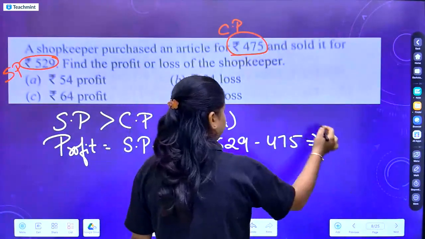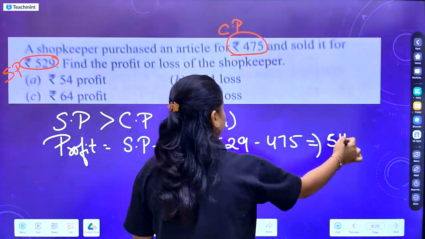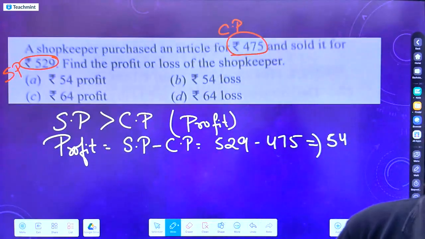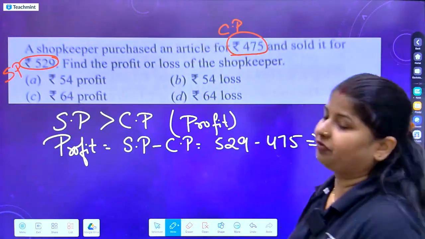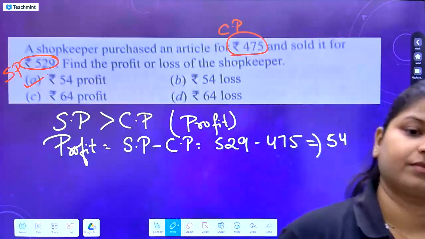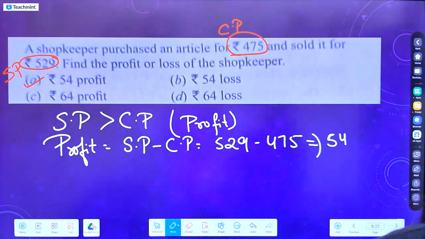So how much is it? 54. 529 minus 475, it is 54 profit. That is option A. And it is that easy, dear.